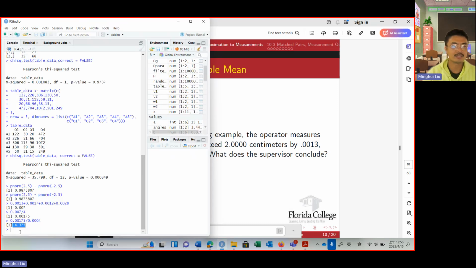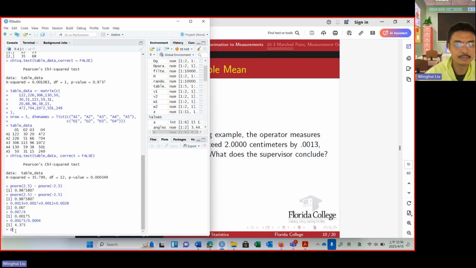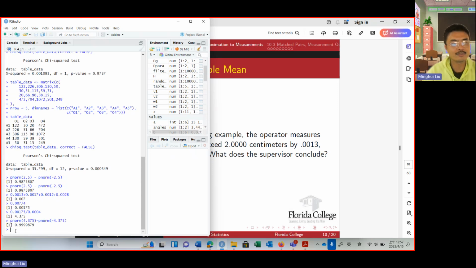Well, the answer is that's not very likely at all. In fact, you can use this command, pnorm(4.375) minus pnorm(-4.375), and the answer is 0.9999 something.